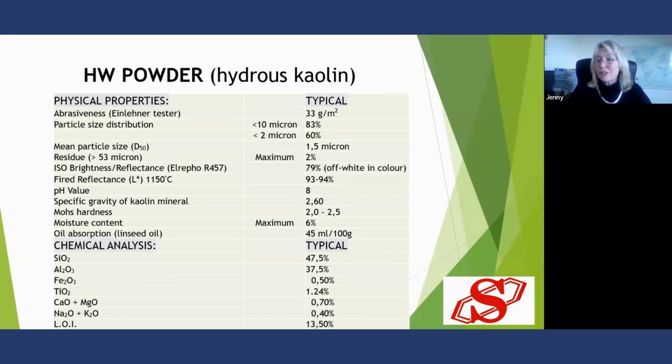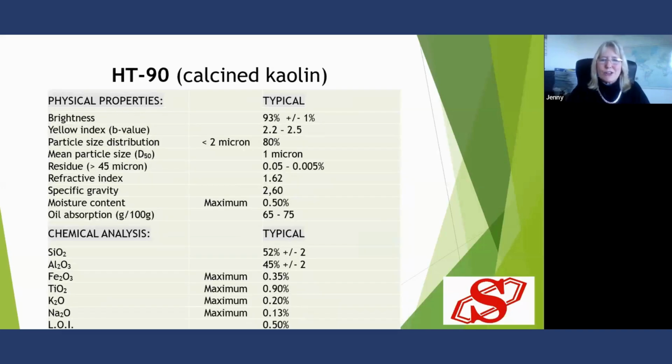So what happens when you've got a calcined kaolin data sheet in front of you? This is the data sheet for the calcined version of the HW powder that I had before. And you can see the LOI now is 0.5%. So that's what you expect. It must be nearly zero because the kaolin's already been calcined.